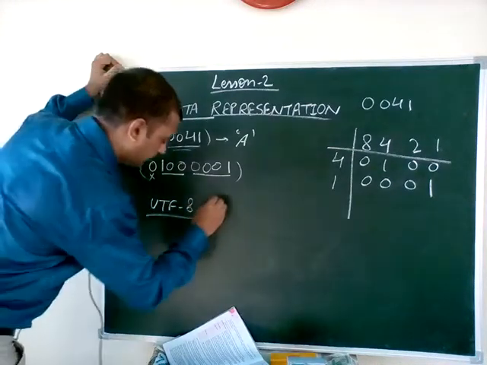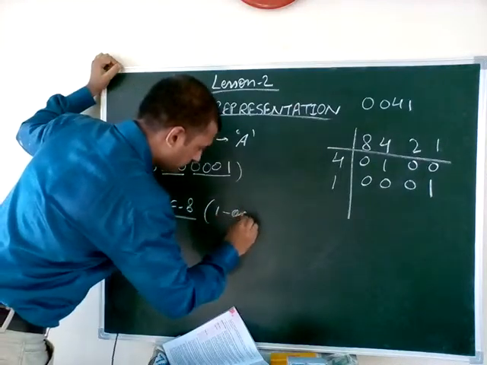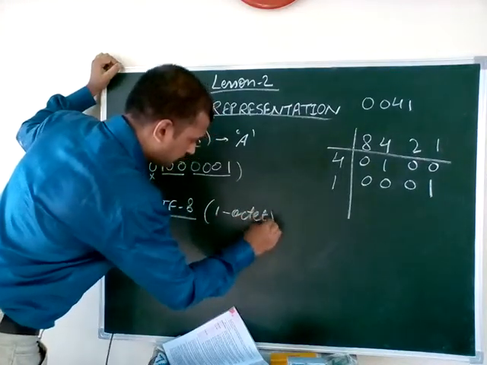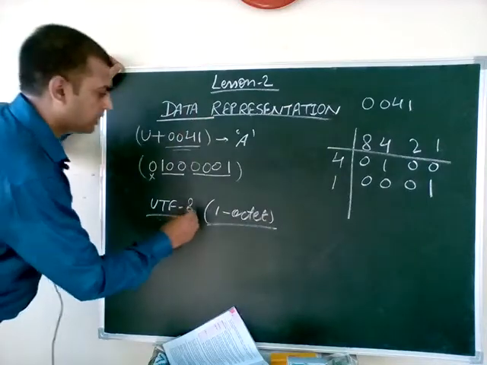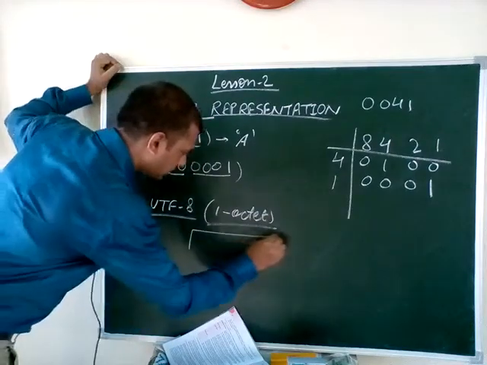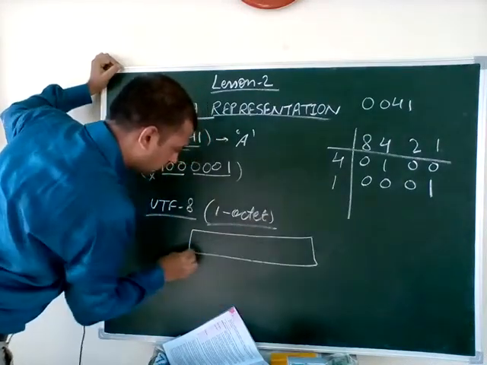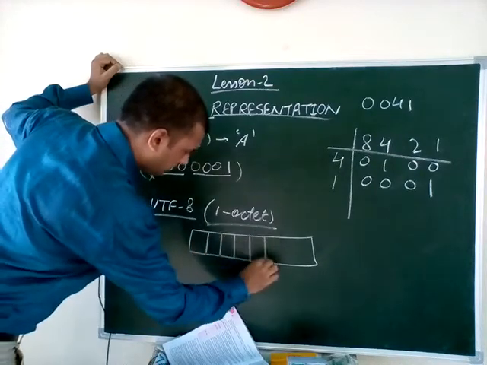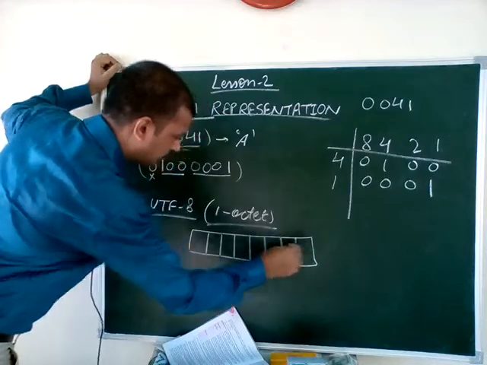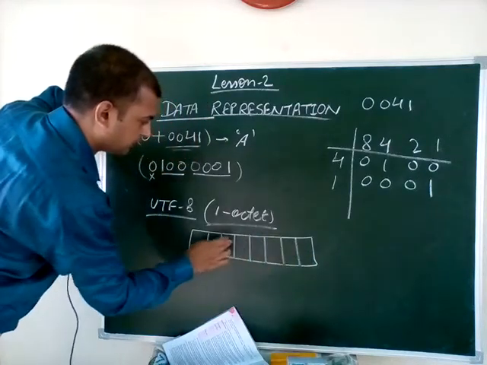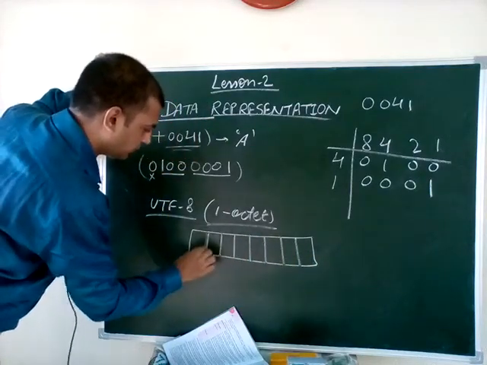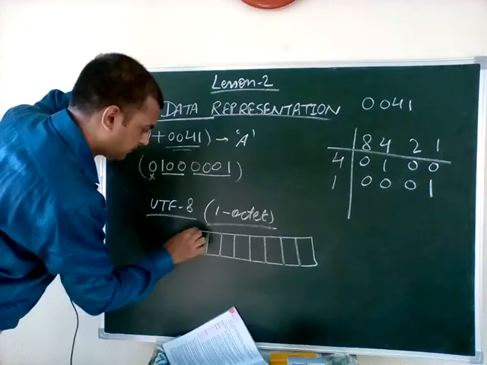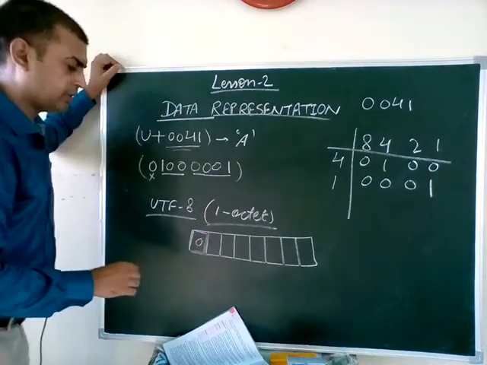So this number will be represented in the first octet of UTF-8 with the 7 blocks. Now we will draw the 8 bits, 1 2 3 4 5 6 7 8. You know that the first cell is fixed and its value is 0.